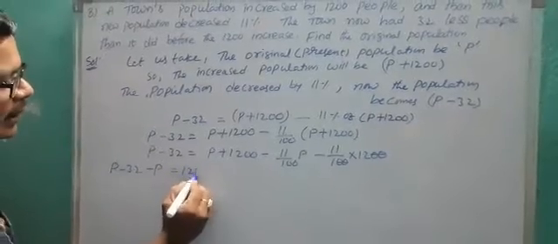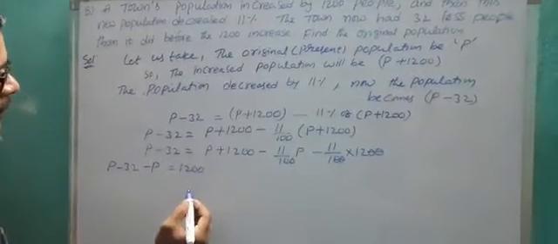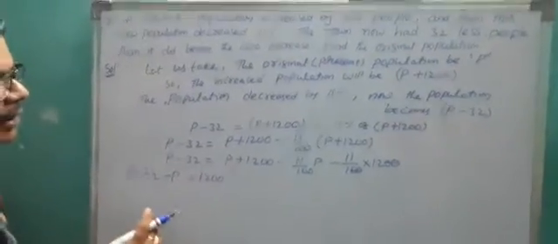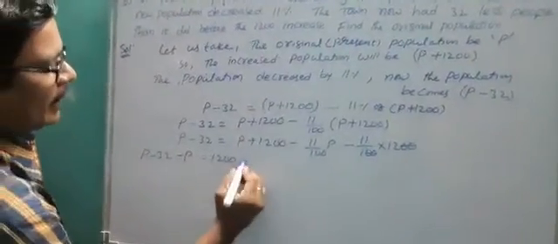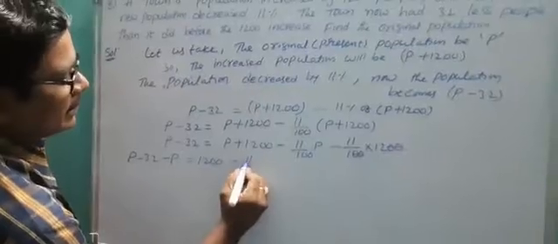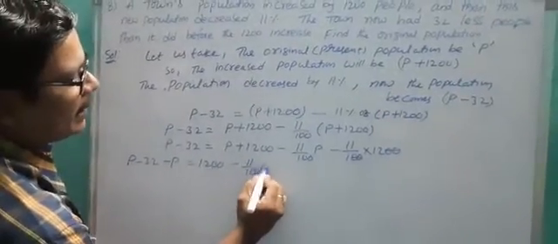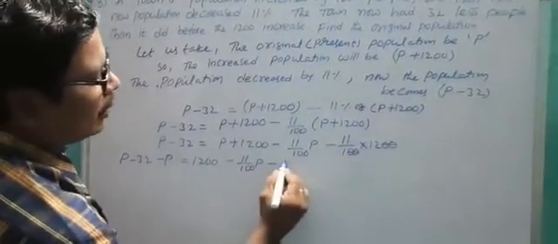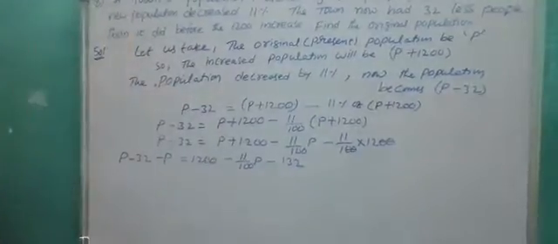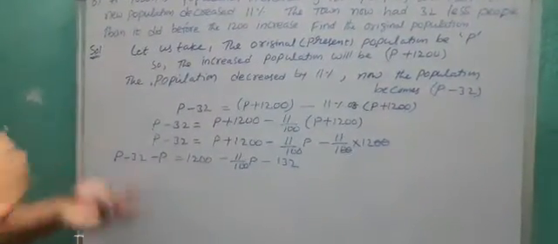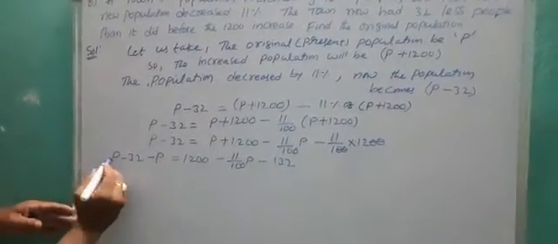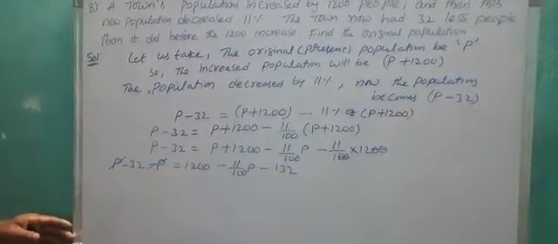Okay, you write all P terms on one side and all remaining terms on the other side. Next, minus 11 by 100 P, minus 11 into 12, that is 132. Now we write all P terms on one side and constants on the other side. So plus P minus P cancel.